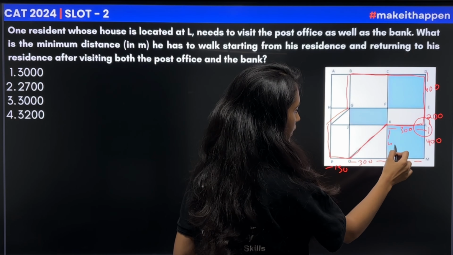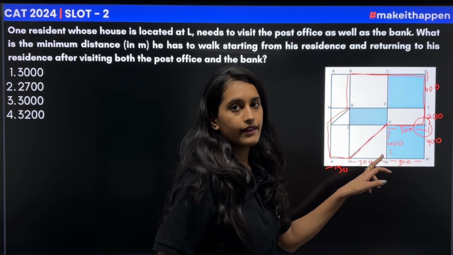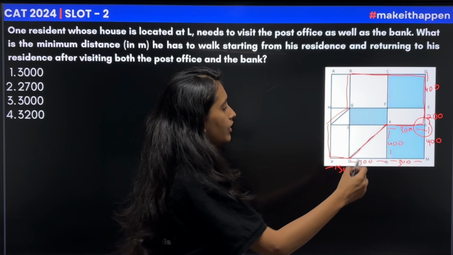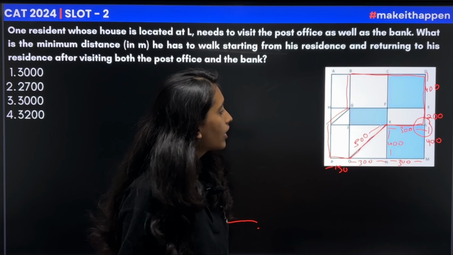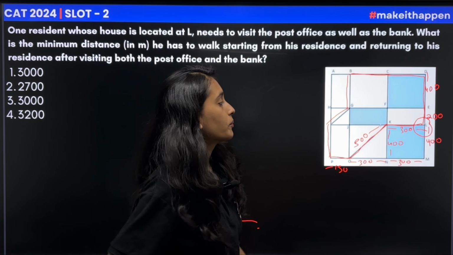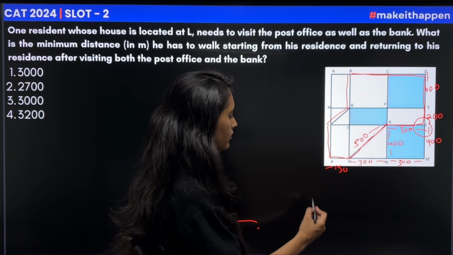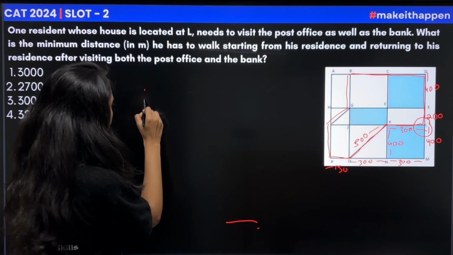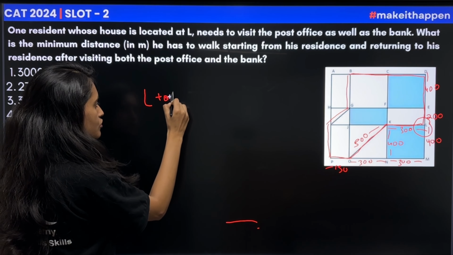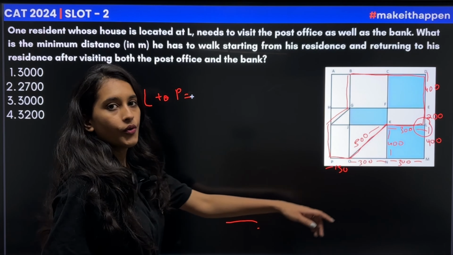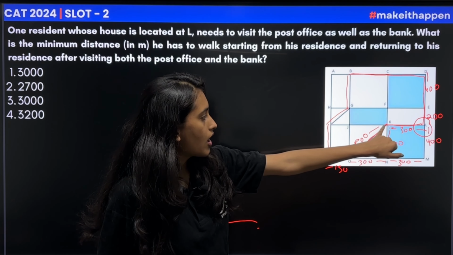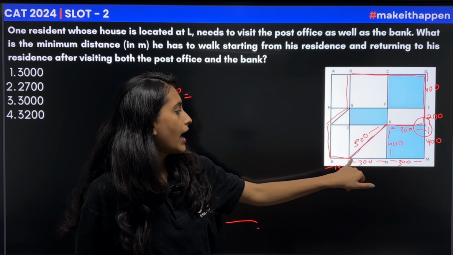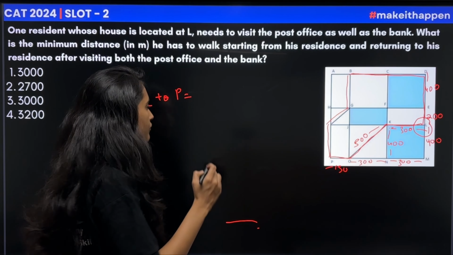Now if this is 400 and this is 300, this will be 500. So for going from L to P, we are going through a distance of 300 plus 500, 800, 800 plus 150, 950.